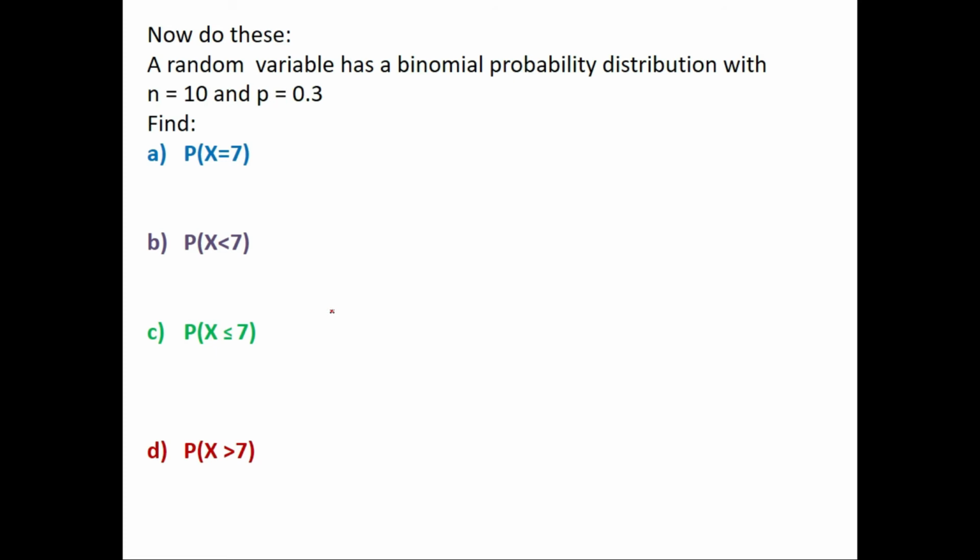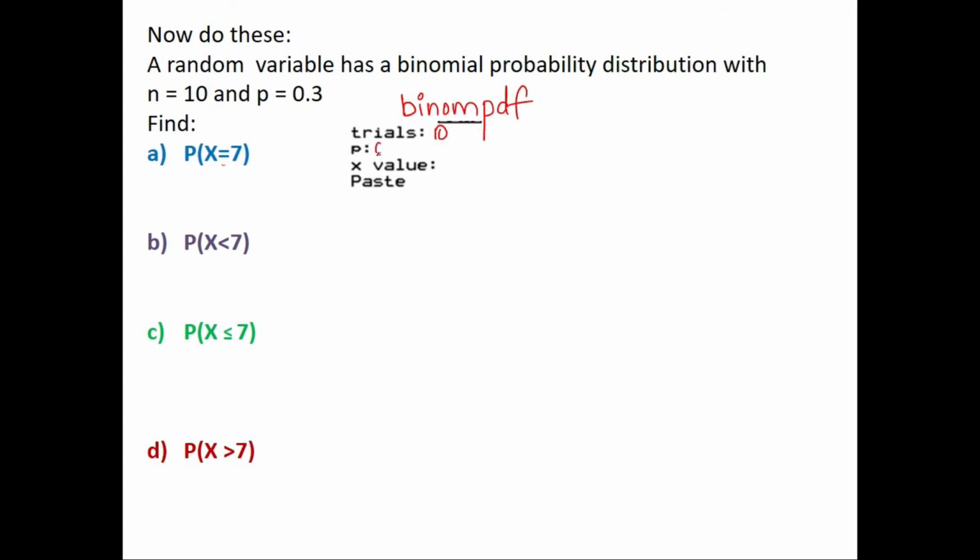Now let's use the GDC to find the probabilities for the given conditions. As introduced in the beginning, step 1 in your GDC is second. You click on second and vars to get the distribution. Now for the first question, the probability of x equal to, so for sure it's an equal to condition, you'll be selecting binomial PDF, and the number of trials is going to be 10.